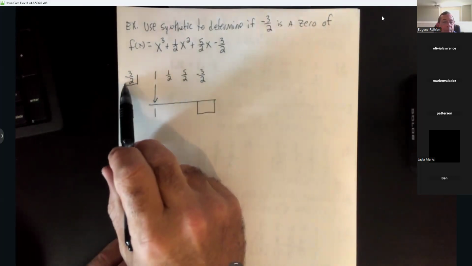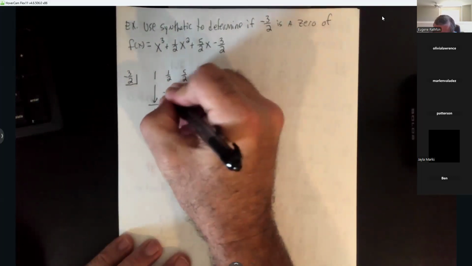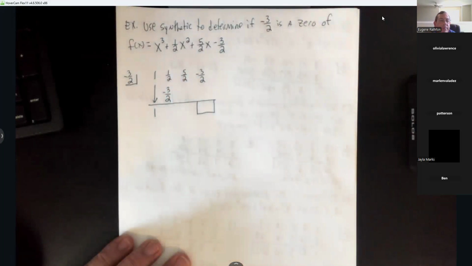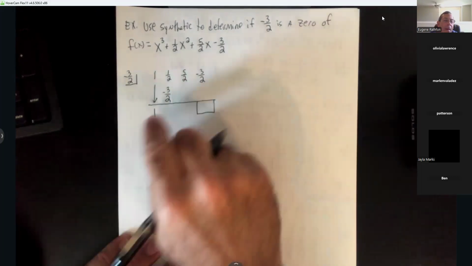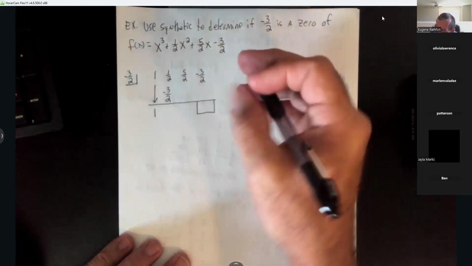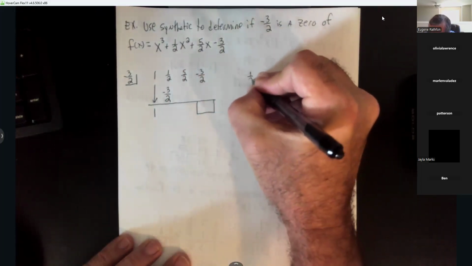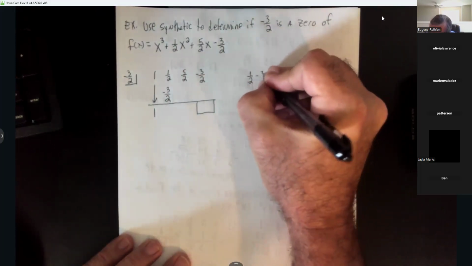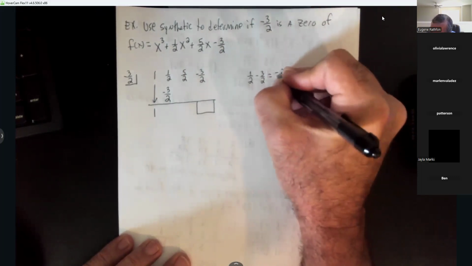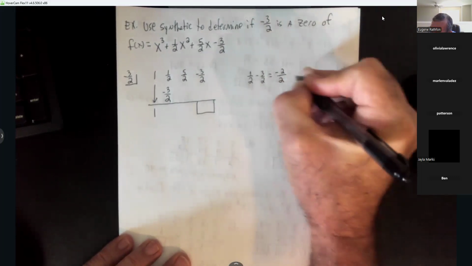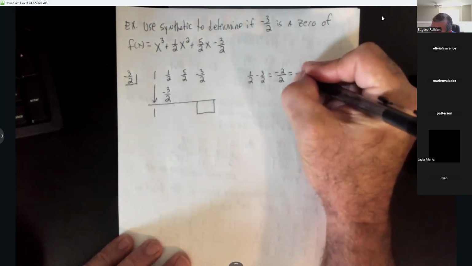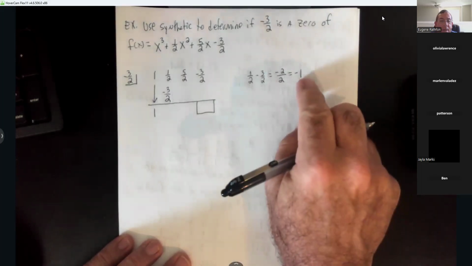All right, 1 times negative 3/2 is a negative 3/2. All right, y'all, so here you're adding, you got a common denominator. So you basically got 1/2 minus 3/2, which will equal a negative 2 over the denominator 2. And y'all look at that. Negative 2 divided by 2 makes that a negative 1.